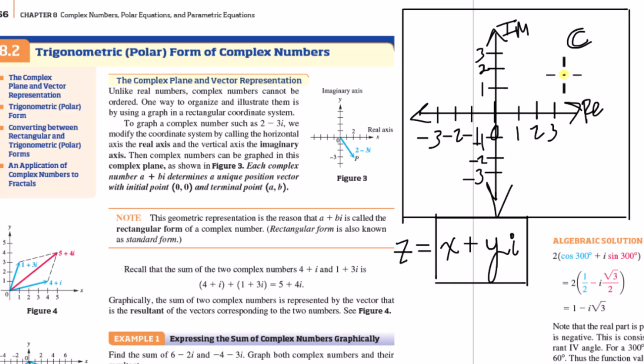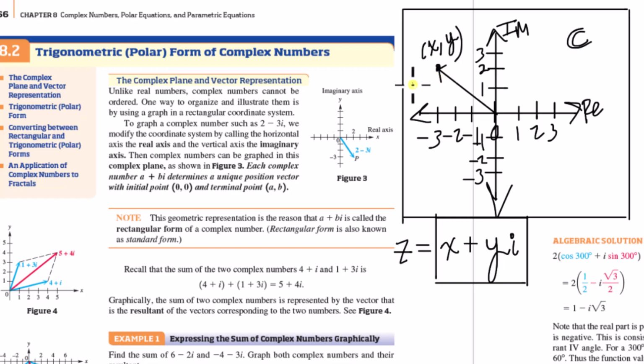But what we can also do is bring vectors into this. So, for example, this complex number right here, one way of looking at it is it's got these rectangular coordinates, but it's also represented by a vector whose tail is at the origin and its head is at the point xy.